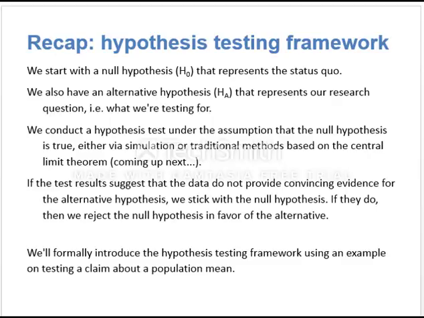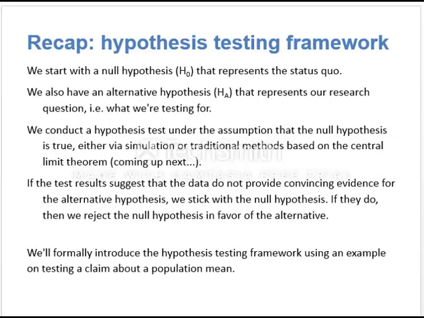So when we start drawing our hypotheses, we need to recognize that the null hypothesis will give us the status quo, while the alternative hypothesis gives us what we're trying to figure out, what we're testing for, in other words. We always conduct our hypothesis test under the assumption of the null hypothesis.